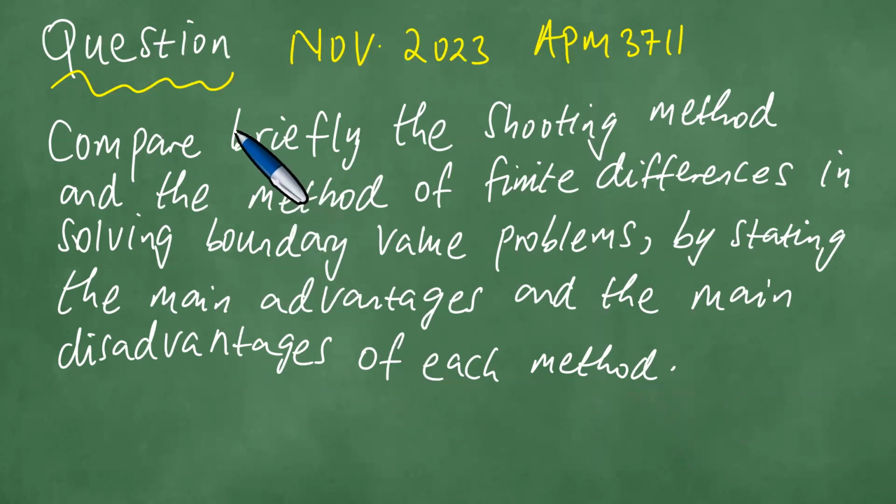Right, here comes the question, and the question is very clear, and it says you need to draw a comparison. So you need to compare briefly the shooting method and the method of finite differences in solving boundary value problems by stating the main advantages and the main disadvantages of each method.